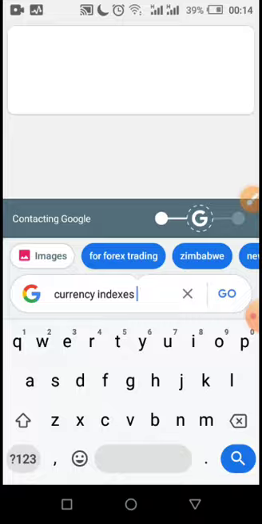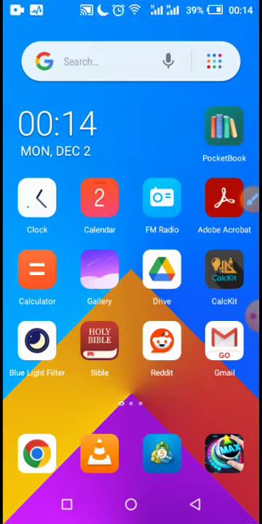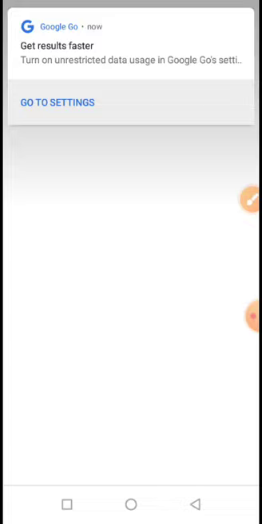Although most brokers which have currency indices will only have the US dollar index, there are some brokers where you can actually find other currency indices which are not the US dollar index.